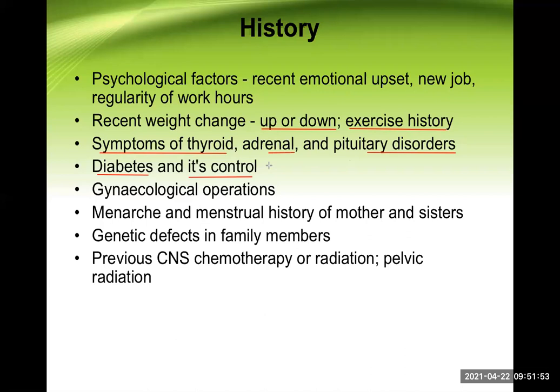These are classical symptoms of diabetes, especially type 2 diabetes. Polyuria means excessive urine output. Polydipsia is increased thirst and increased water intake. And polyphagia is excessive eating. These are important features. And recent loss of weight is another important feature of diabetes.